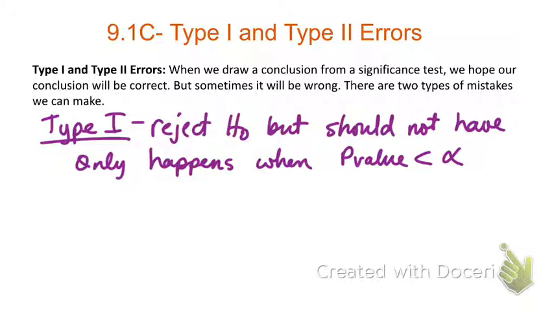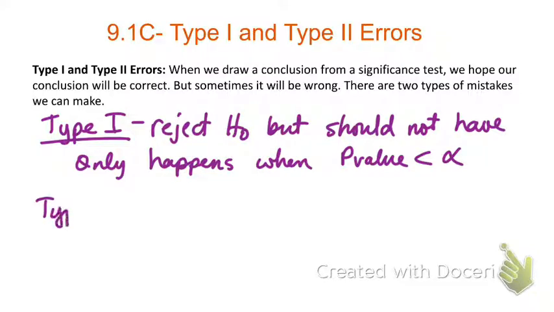Because when the p-value is low, what do you do? You reject the H0. So if the p-value is lower than the alpha value and you reject the null hypothesis, there is a chance that you are rejecting the null hypothesis incorrectly, meaning that you've rejected it, but really you shouldn't have because it was actually okay. It was actually true. The claim was actually right. So that's a type 1 error.